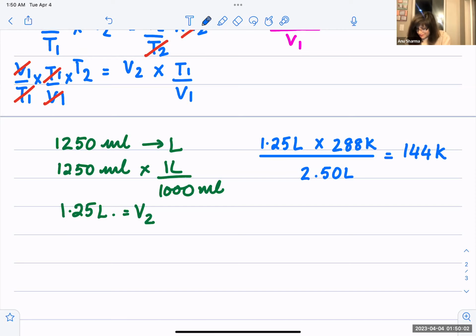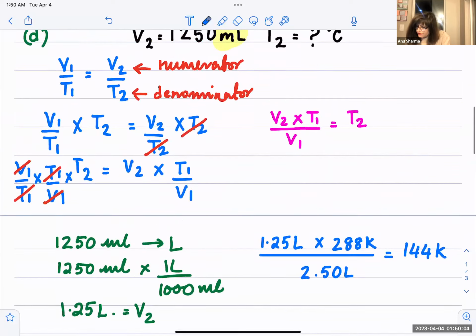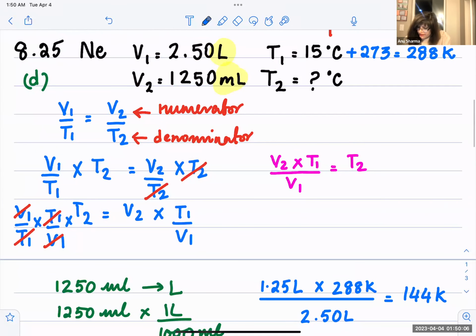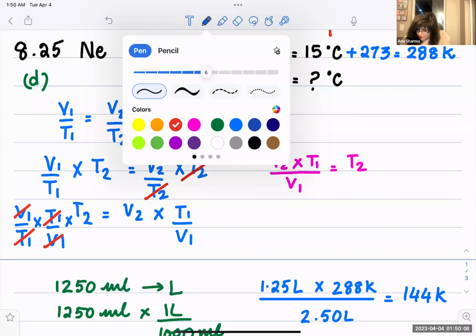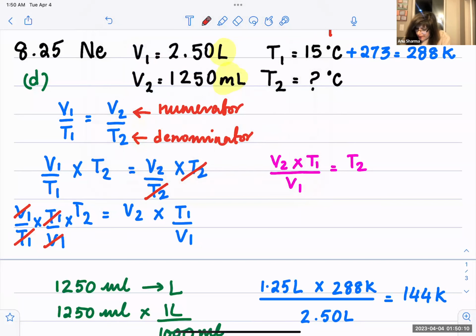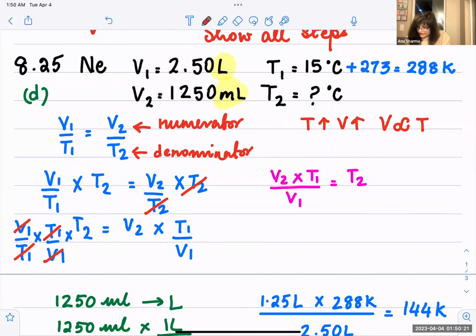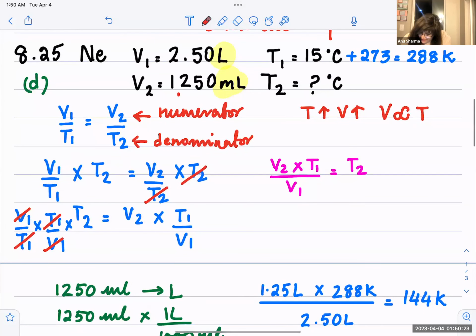But remember, in general, there is a direct relationship between the volume and the temperature. So when the temperature goes up, the volume goes up, so volume and temperature are directly related. So this is technically 1.25 liters.